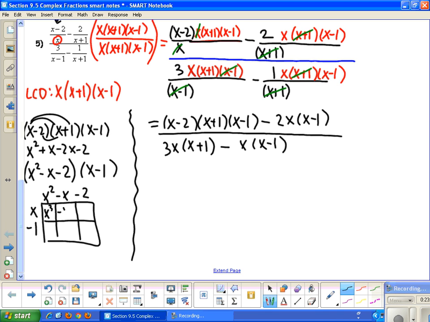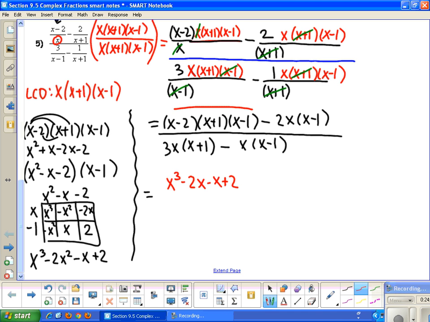This would be x cubed minus x squared minus 2x minus x squared, x and then 2. So then I get x cubed minus 2x squared minus x plus 2. So that's going to be the first part. So I have here x cubed minus 2x squared minus x plus 2.